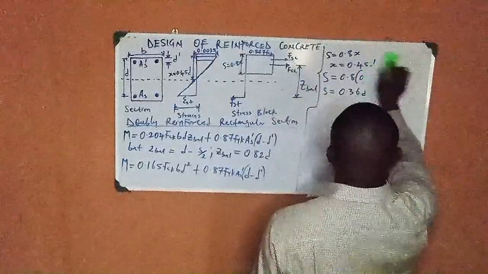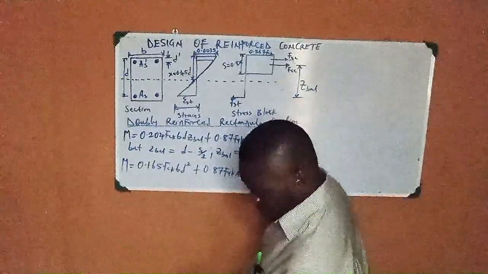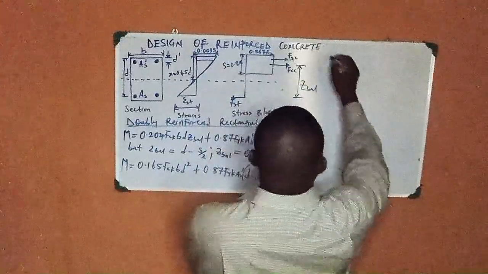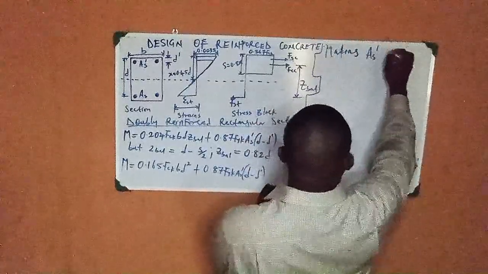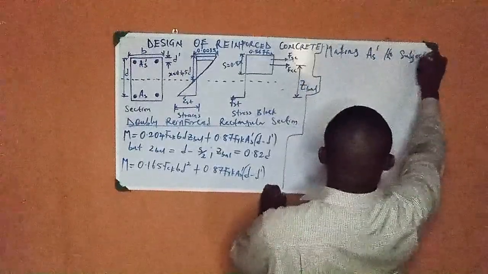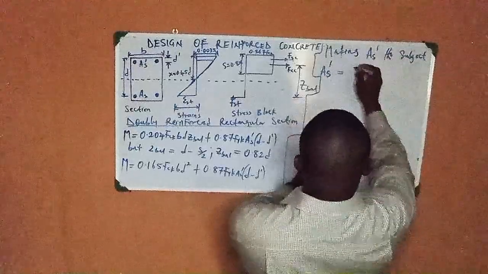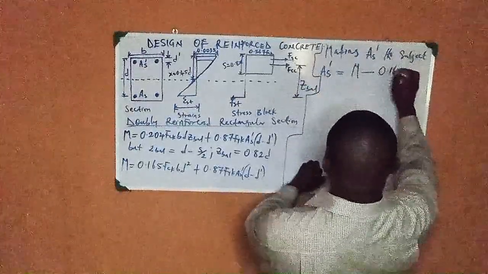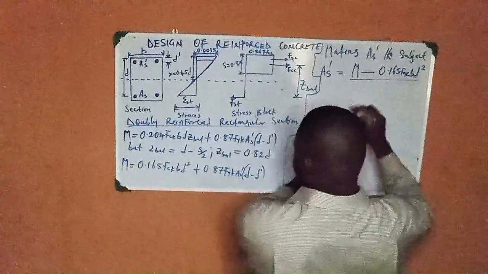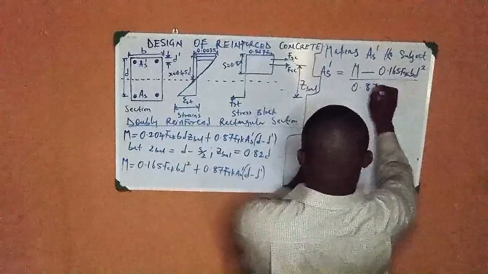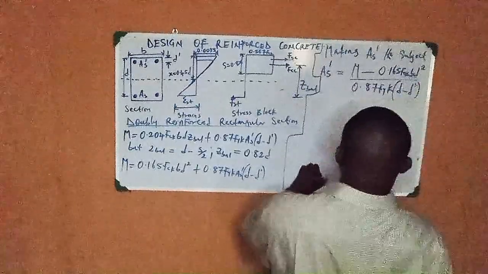I decide to make As prime the subject. Making As prime the subject, I have As prime becomes equal to M minus 0.165 fck bd squared, all over 0.87 fyk into (d minus d prime), like this.